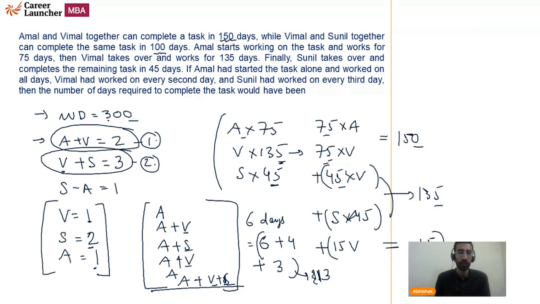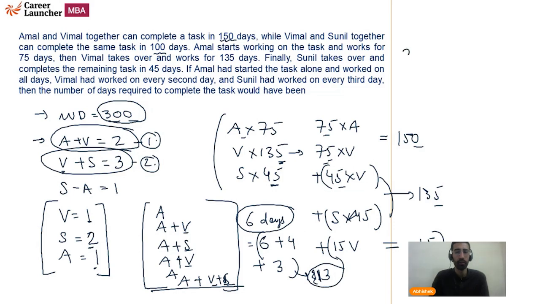And if I want to do a total of 300 units, 300 units would basically mean 13 into 20 is 260, and then another 39. So 23 cycles of 6 days each.